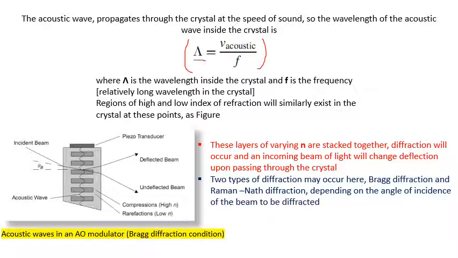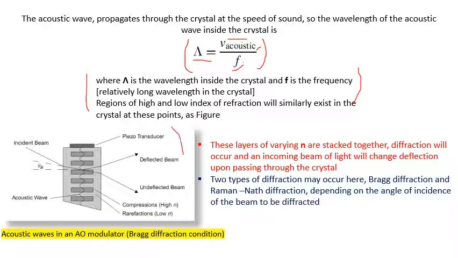This is the wavelength of the acoustic waves in the crystal. This is the speed of sound in the crystal. And this is the frequency, simple frequency. Wavelength, speed, and frequency in the crystal. These are mentioned here, if you can see.